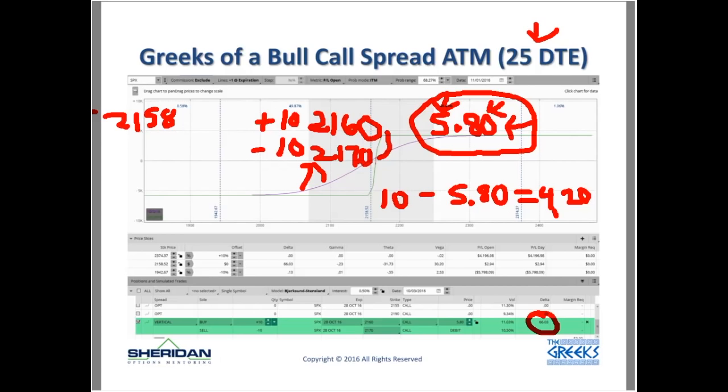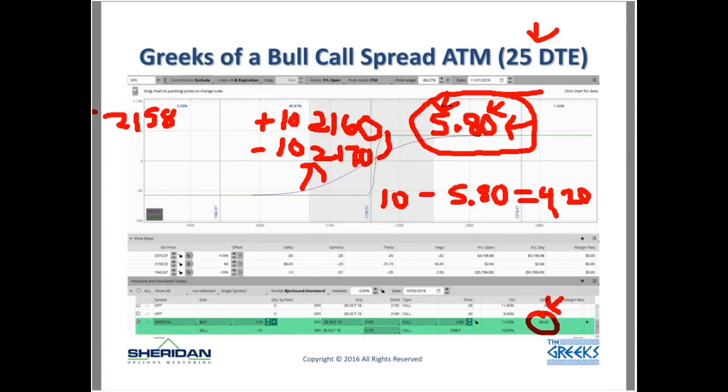If I did this bull call spread 10 times and the position deltas are 66, if we go up $1 and I'm paying 580, this trade would go from 580 to 580 plus 66, right? Yeah, I'm throwing the gamma out of that. You're right, Dino. It'd really be less than that, right?